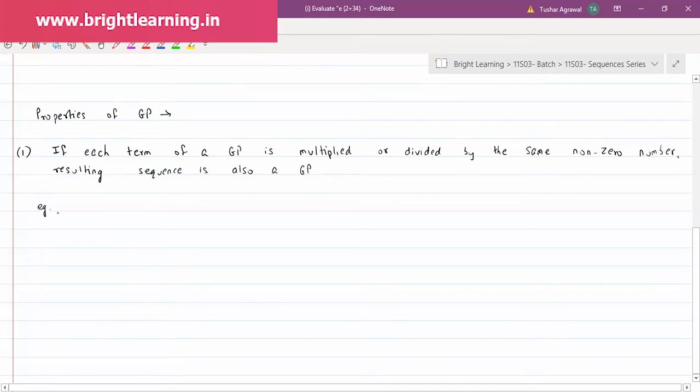Example: the original geometric progression, let's say it is given by A, AR, AR square. You can see that the common ratio is R, then AR cube, and so on. Now, if each term is multiplied by K, multiplied by K, multiplied by K. Multiplication is the same as division only.